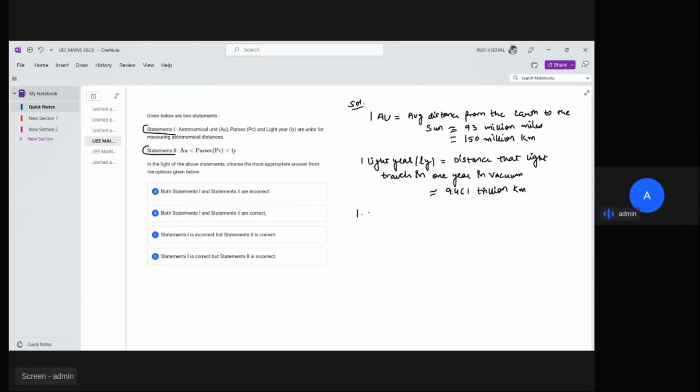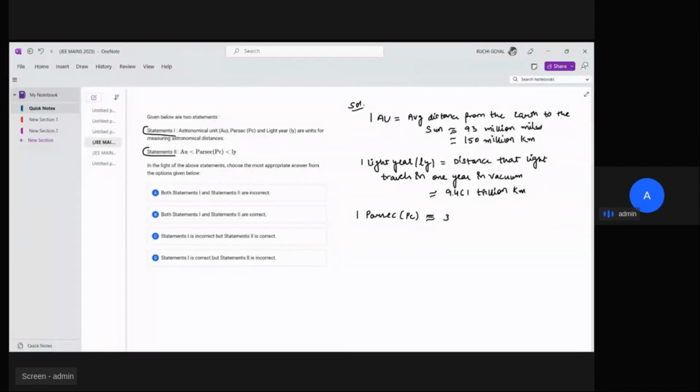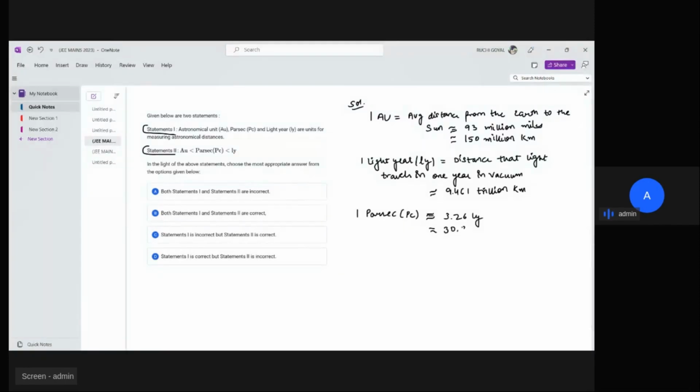Next is 1 parsec, PC. This is approximately equal to 3.26 light years, or we can write it as 30.9 trillion kilometers.